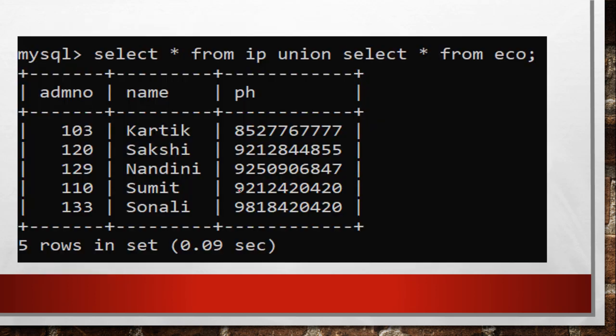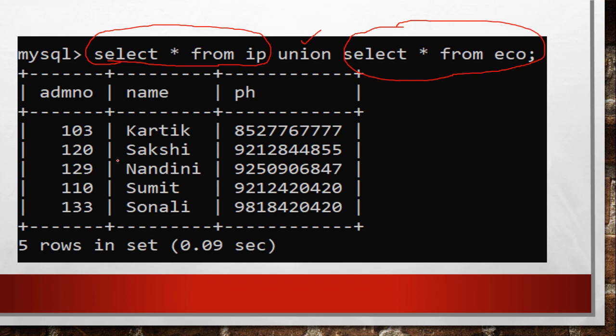So you can see that I have performed this select star from IP. This command will give me all the records of the IP students, and when I write the command select star from eco, this will give me the result of all eco students. And when I perform union between these two results, I will get the records of these students.